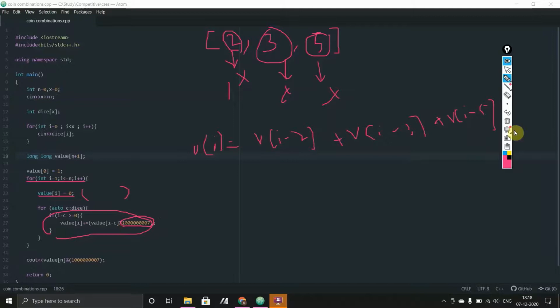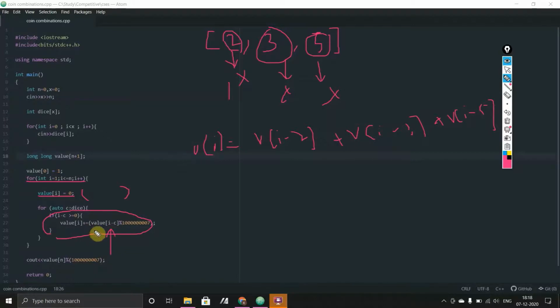this number is actually, we are asked to modulo the number with 10 raised to power 9 plus 7, because these numbers are adding up, and this will eventually go much higher than the computer can store.